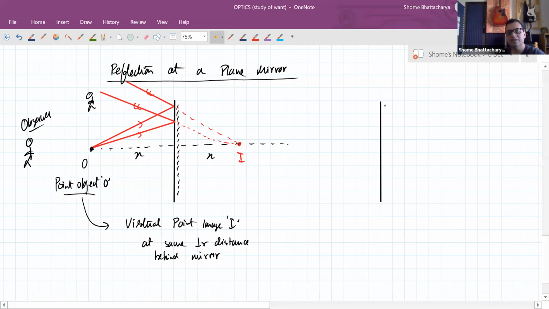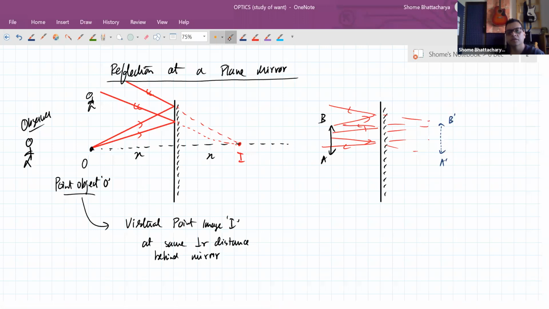Okay. So now when we extend this idea to the case of an extended object, like an object AB over here, what happens is that all the rays emanating from AB, from all points everywhere, they all reflect in such a way that it creates a whole field of reflected rays, such that the image of AB now appears to be like this.